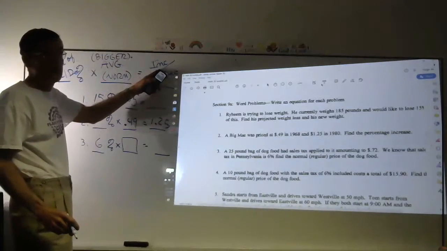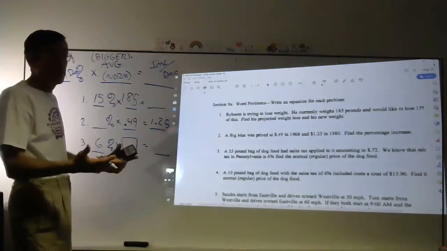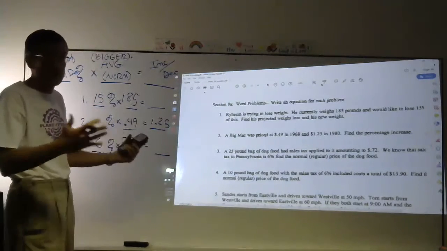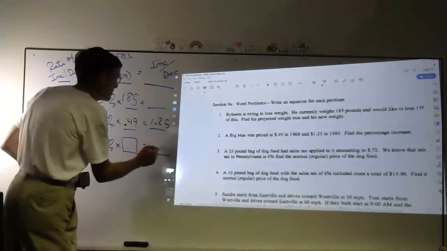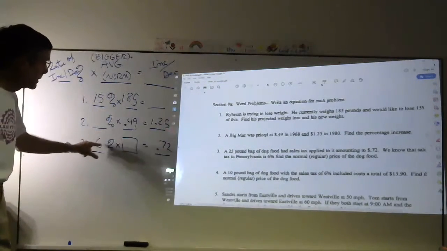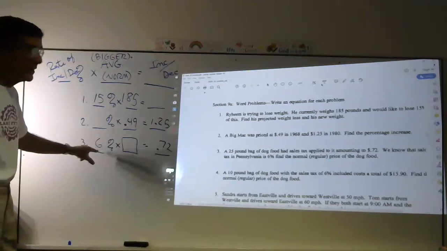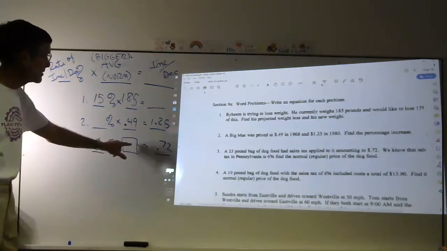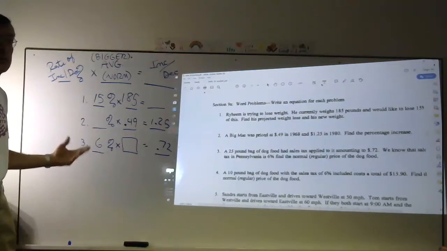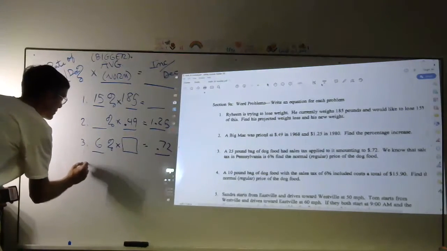Isn't that the increase in price? When you buy a bag of dog food, you take it up to the cashier, it's a little bit more expensive than what it said on the shelf due to the sales tax, 0.72. Can you multiply those two numbers? No, it's like an equation, 0.06 times x. You must divide 0.72 divided by 0.06.